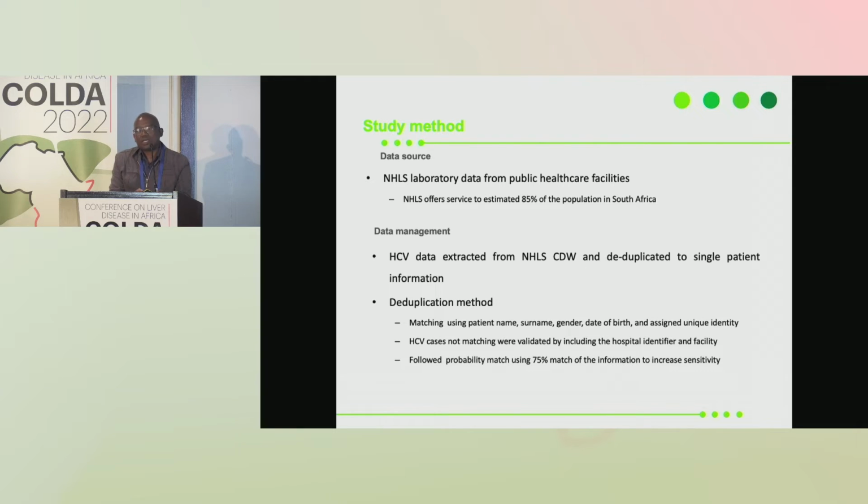For the deduplication, we looked at the patient demographic data and matched it, and after matching we did probability testing with a cutoff of 75% match, to increase the sensitivity of our matching and to improve its quality, so that we have single, aligned information for one patient.